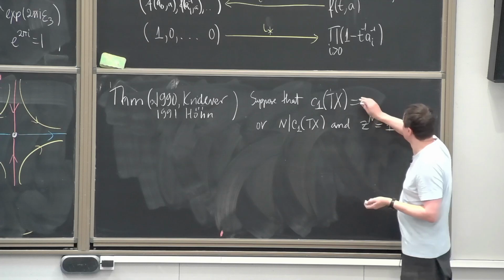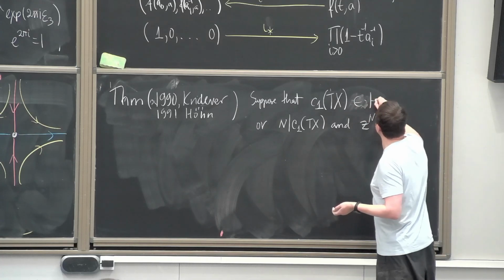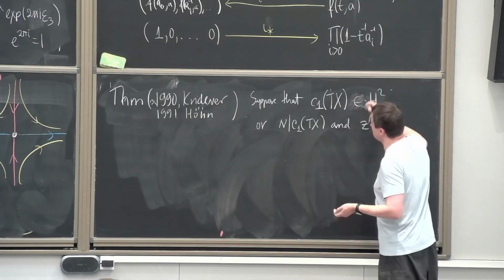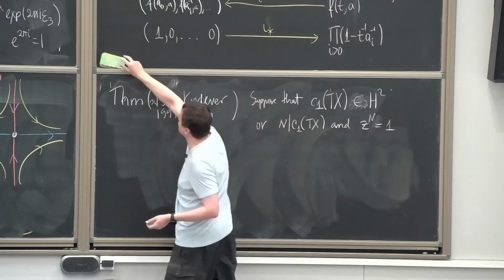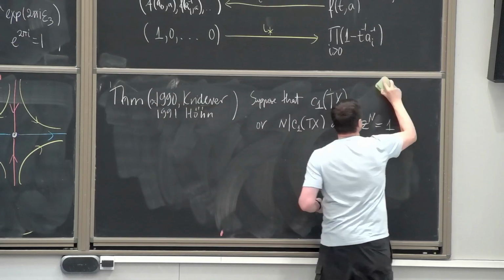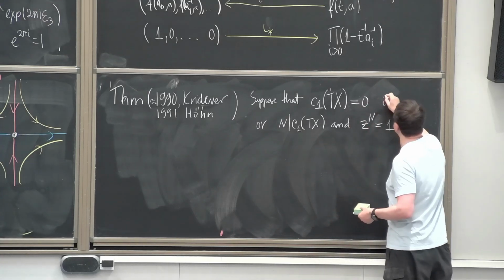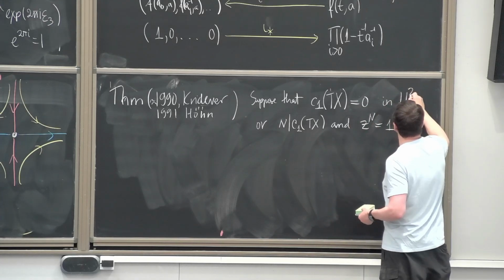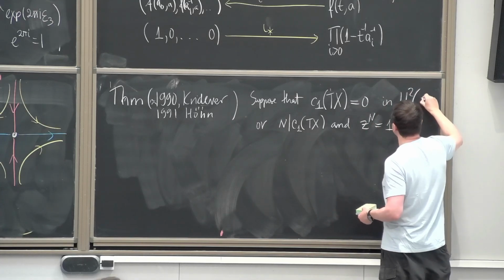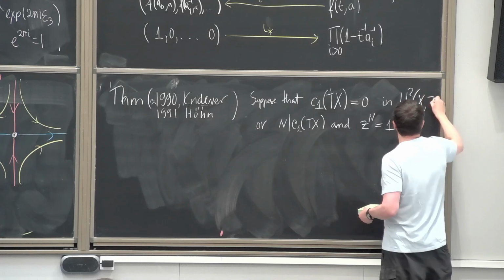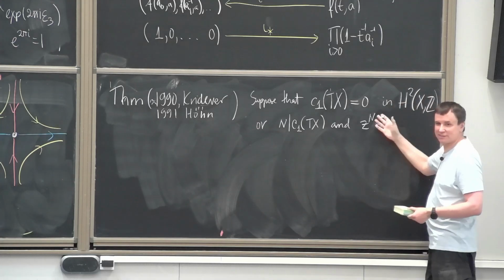So this is in H2. This is 0, not just any 0, but the 0 in H2 of X. And similarly, it's divisible in this group.